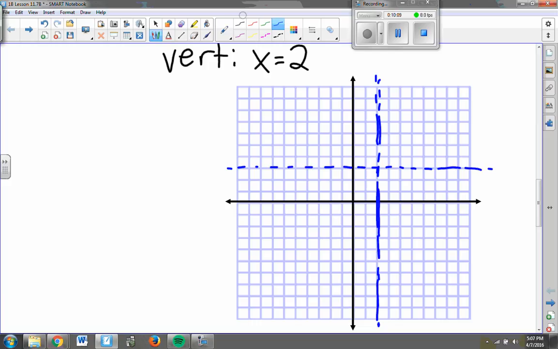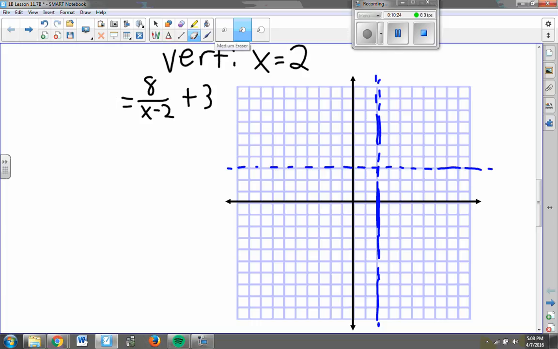And again, I'm just going to make a table of values to find a few of my points, but I know in general what this function is going to look like. Now again, my function is y equals 8 over x minus 2 plus 3. Or I guess this actually says f of x, right? But we know that's the same thing. Y and f of x is the same thing.